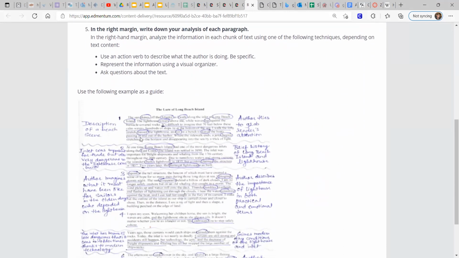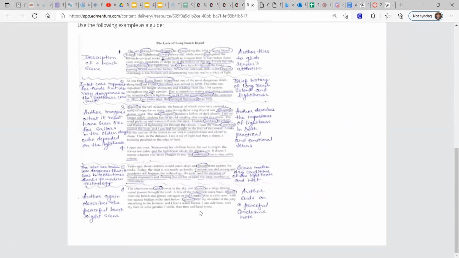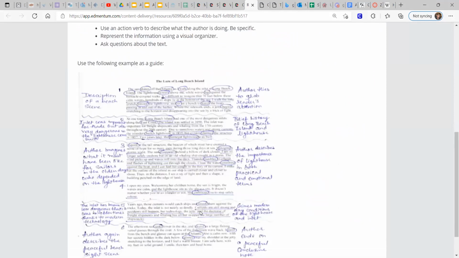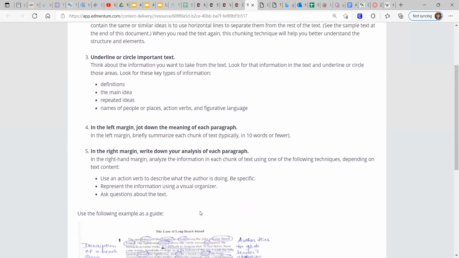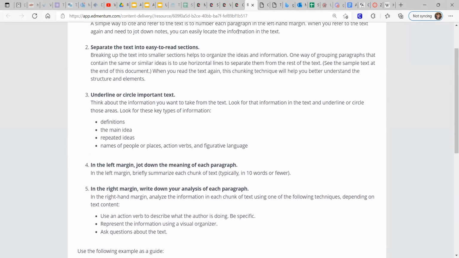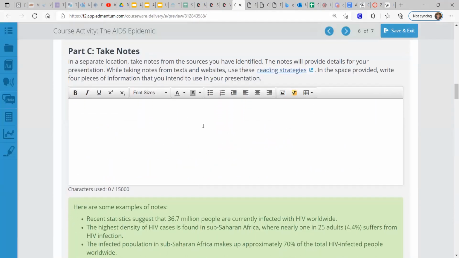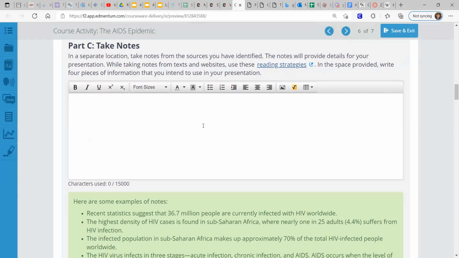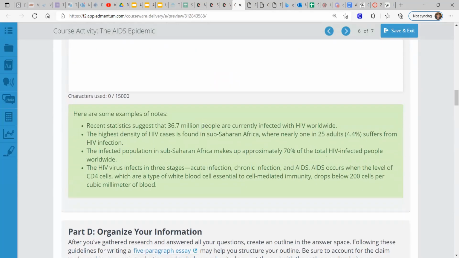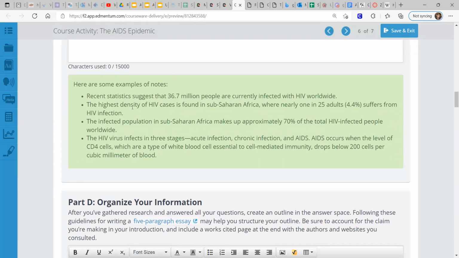So afterwards, it may look like this when you're taking notes about a certain article. Make sure you understand key terms and explain things to yourself, because if you're presenting this, then you want to be able to explain it to others as well. Here are some examples of notes that they took.